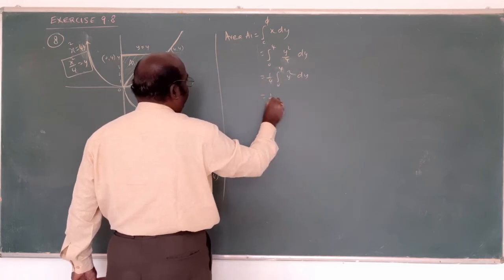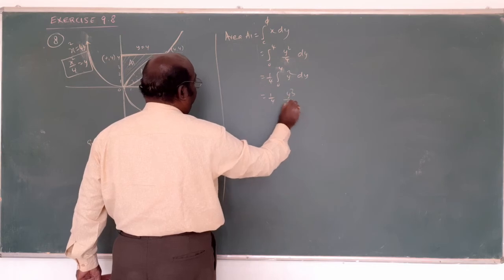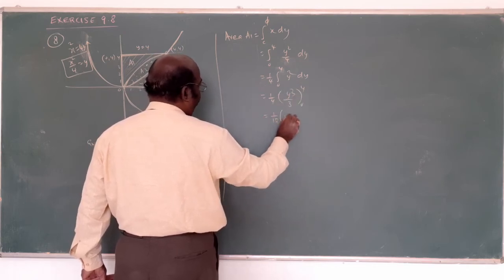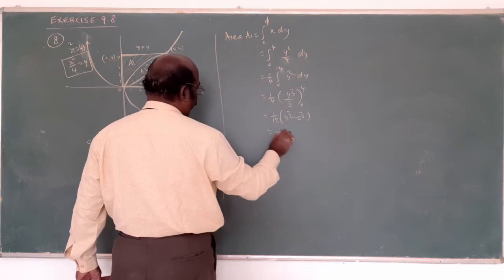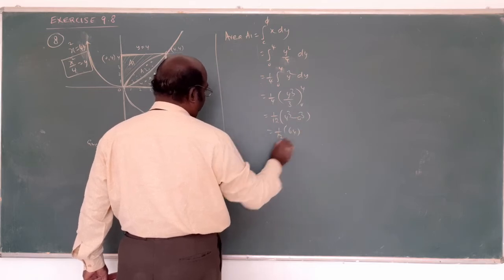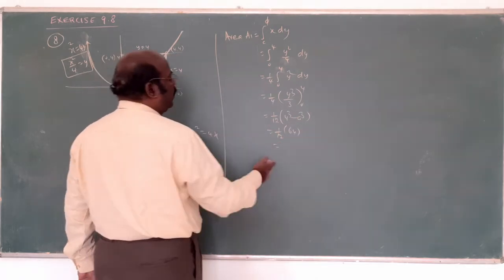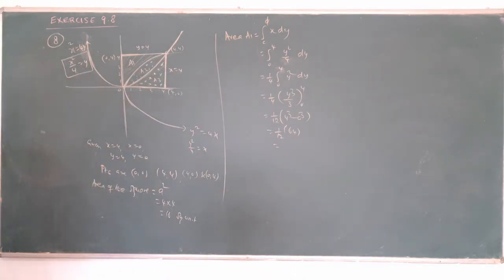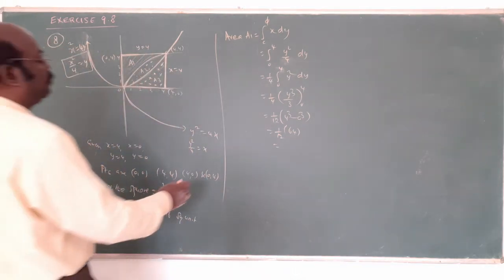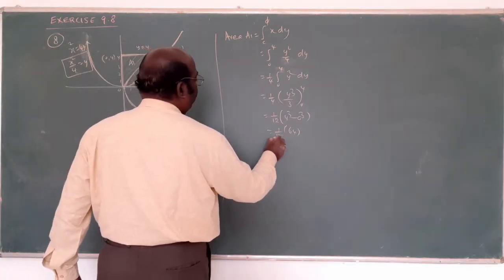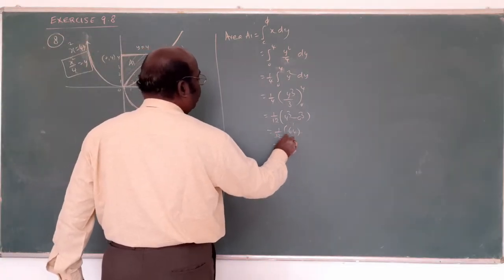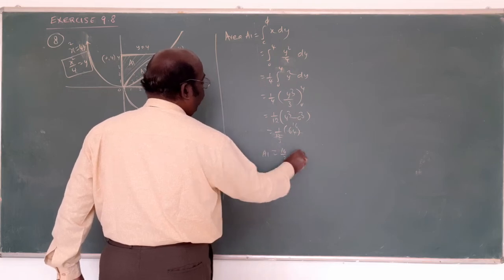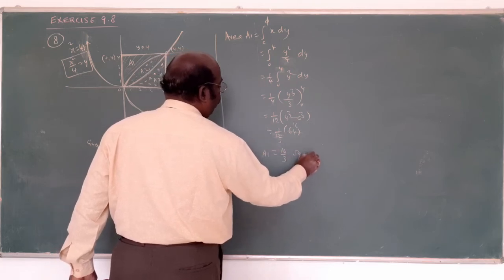Integration of y squared becomes y cubed by 3, from 0 to 4, so 1 by 12 times 4 cubed, which is 64. Cancel by 4: 16 by 3. This is the area A1. First one over.